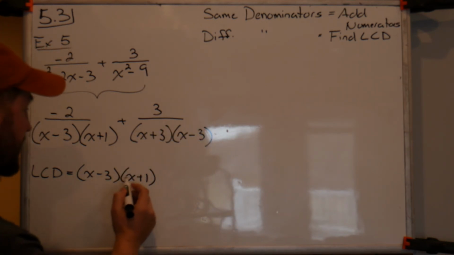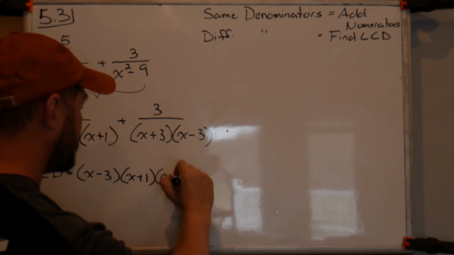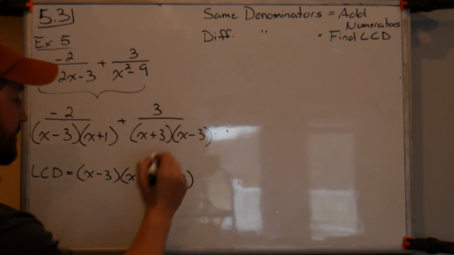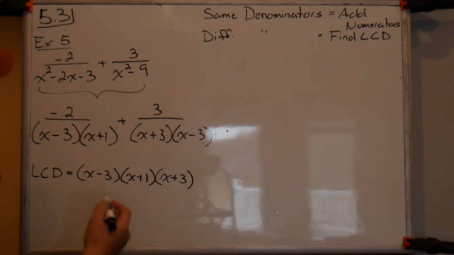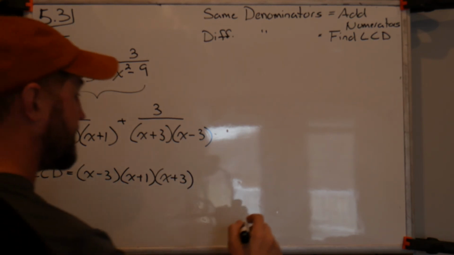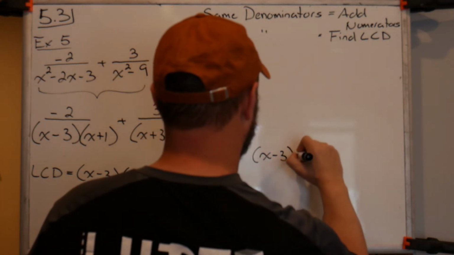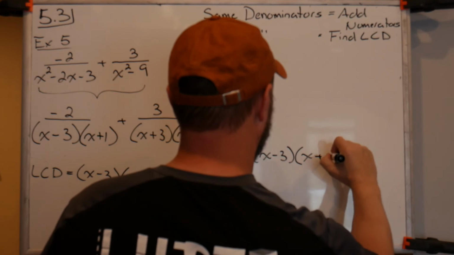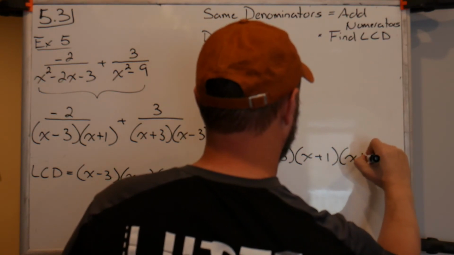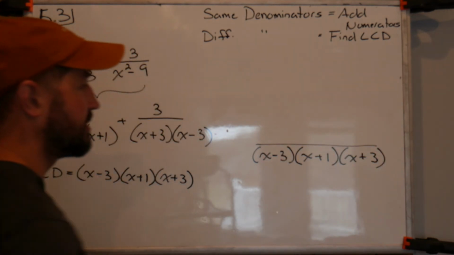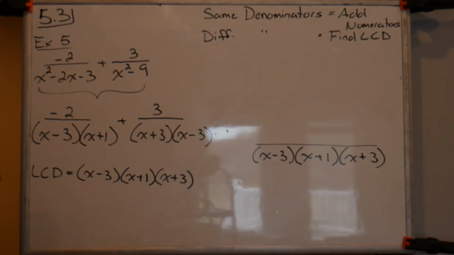X plus 3. That did not appear, so I include that. X minus 3, I already have it, so I don't need that one. So my least common denominator is this whole chunk. That means when we're done, we will have that on the bottom. That's what we'll end up with as our LCD.